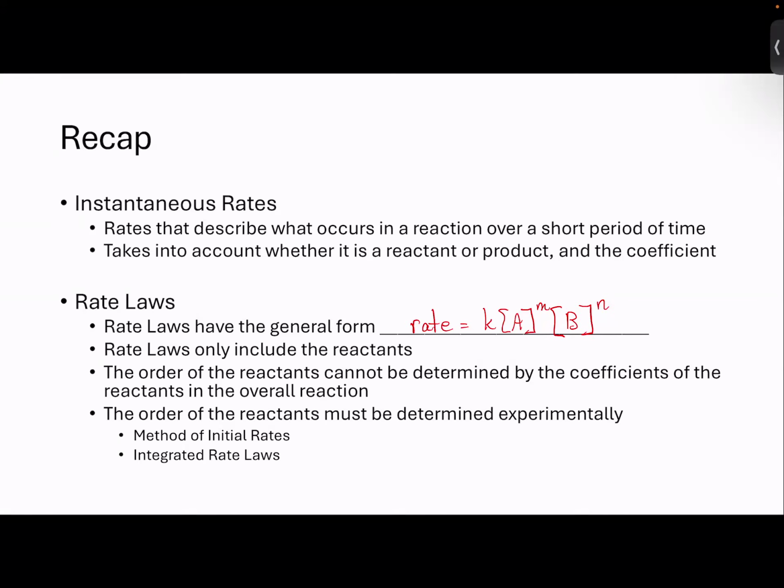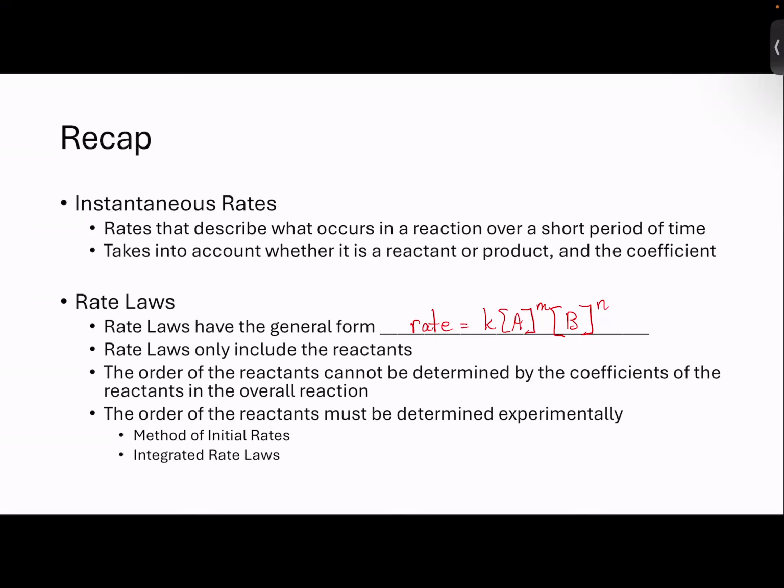So again, instantaneous rates describe what occurs in a reaction in a very short period of time. They do take into account the coefficients of the balanced chemical equation. But when we get to the rate law, the general form of the rate law is always basically the same. Rate is equal to the rate constant times the reactants.